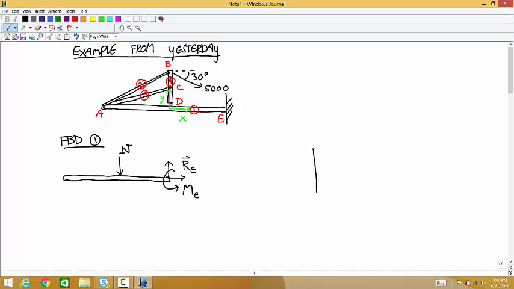Am I going to draw that? Anybody want me to draw that? No? You don't even want me to do what I'm already doing? Okay, so since the pin is part of member 1, we have a force on 1 by 2 and a force on 1 by 3.